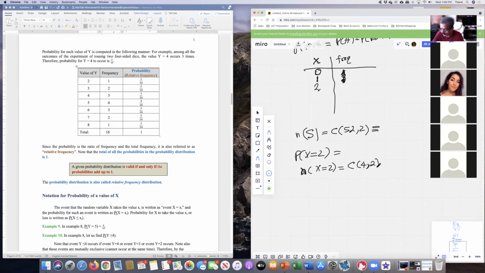So C(4, 2) is the count. So the probability for x equal to 2 is essentially the same as the question: if I take 2 cards from the 52 cards, what is the probability that both of them are jack? That kind of question you answered before. So the answer is C(4, 2) in the numerator, C(52, 2) in the denominator.